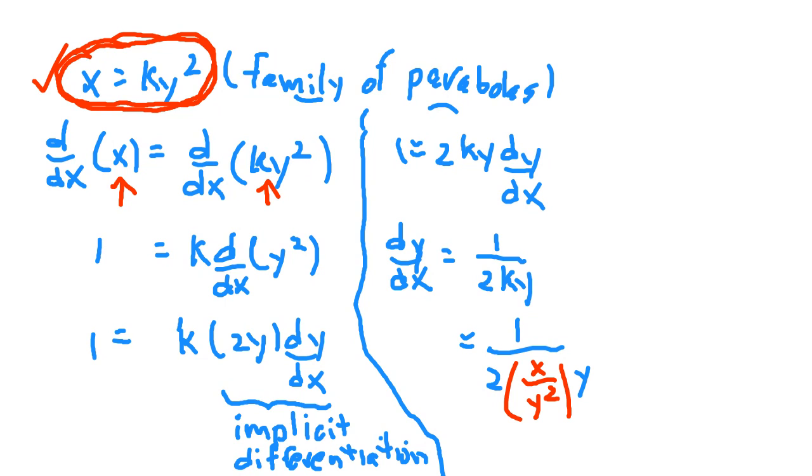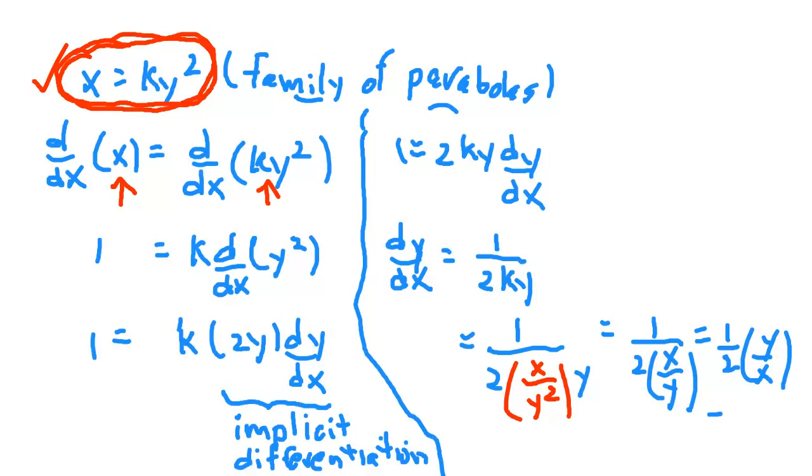And so when we do this, we can simplify this as 1 divided by 2 times x over y, and that equals 1 divided by 2 times y over x. And so that's y divided by 2x.